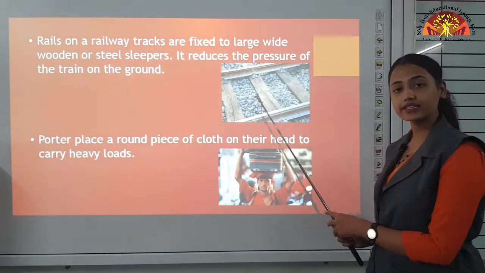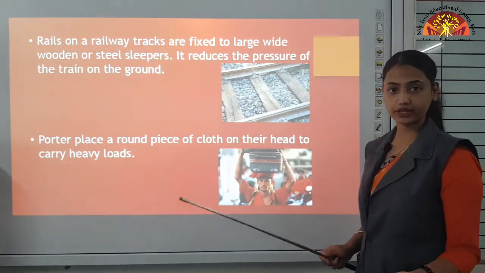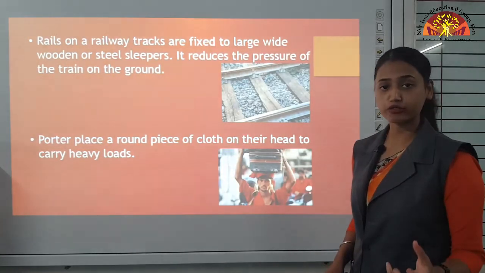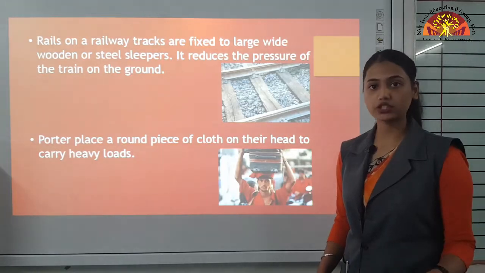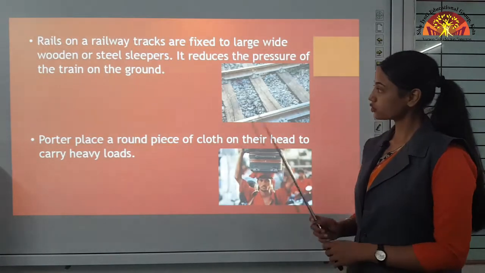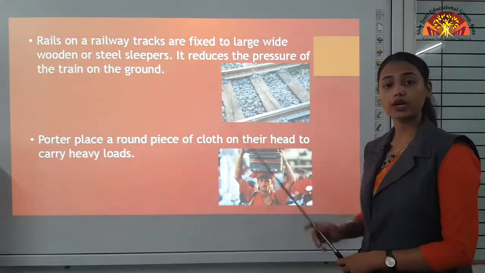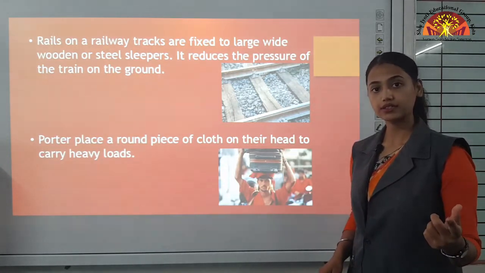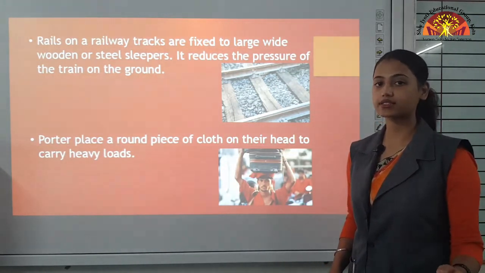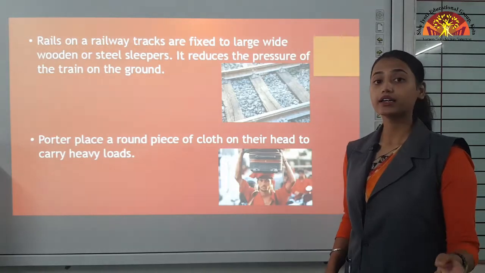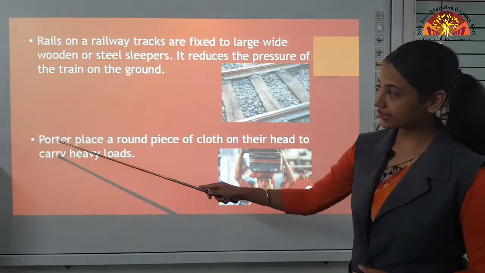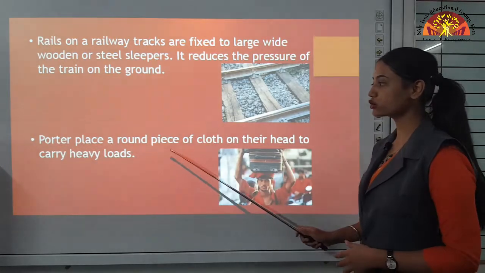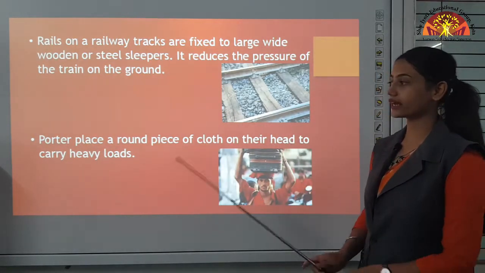It is increasing the surface area of railway tracks, because you know that the weight of the train is very large, so it will exert more pressure on the ground. So we use these sleepers to increase the surface area, and if we are increasing surface area, that means we are decreasing the pressure.